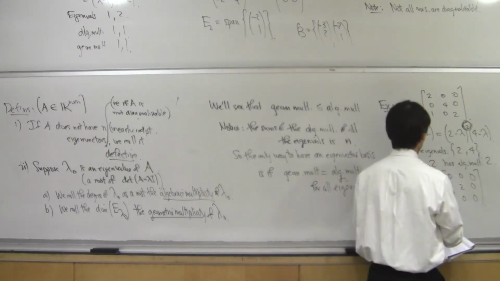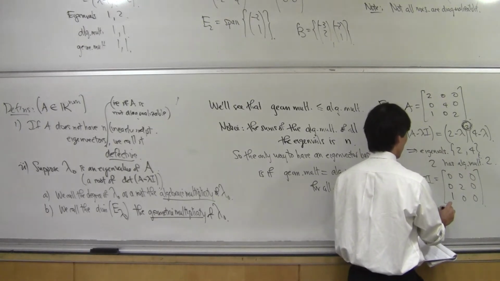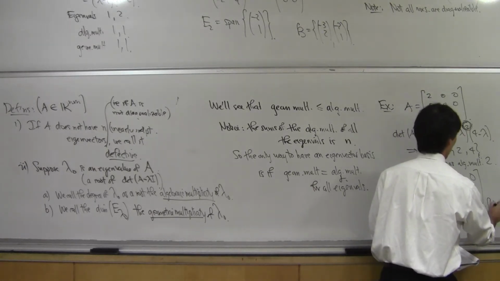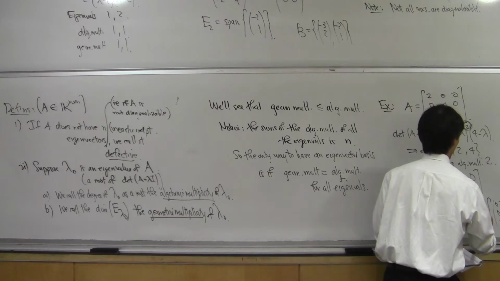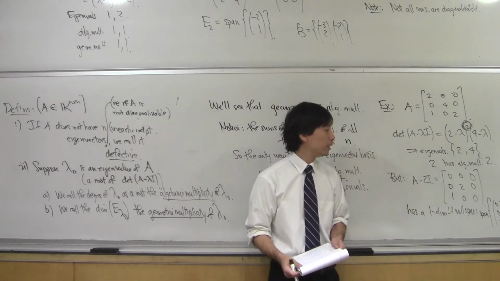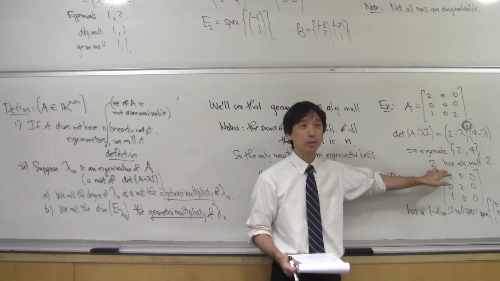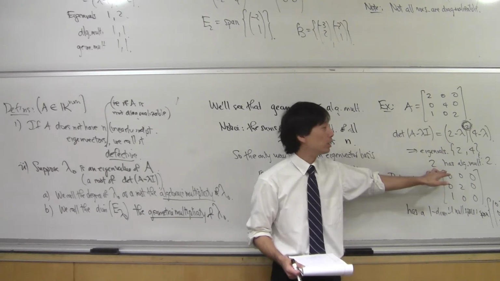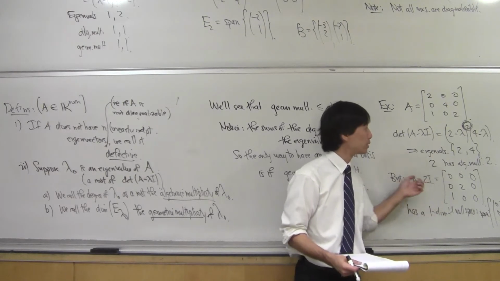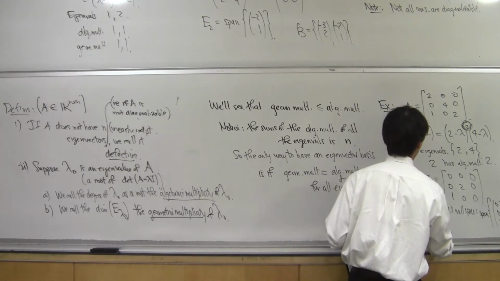So this has a one-dimensional null space, where x3 can be anything but x1 and x2 have to be 0. So the geometric multiplicity is 1, even though the algebraic multiplicity is 2. So this is actually not diagonalizable. It's a defective matrix, so this matrix cannot be diagonalized.